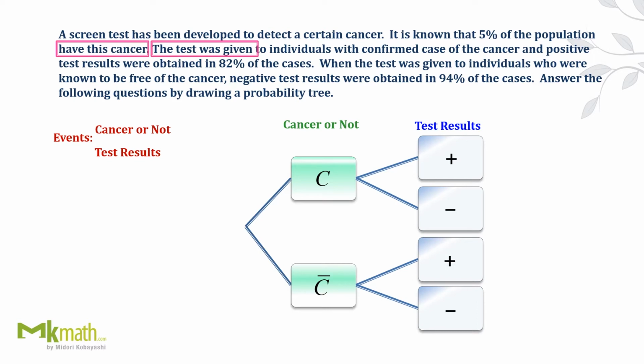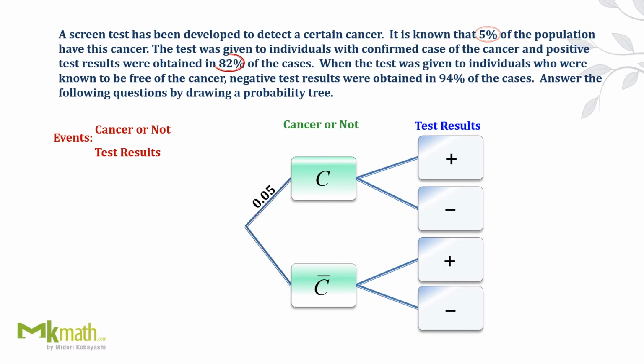Now we can see three percent values in the question. We now need to fill each probability in the proper branch. Let's start with the first percent value, 5%. The question says the cancer rate in the population is 5%, so we place 0.05 on the branch of cancer.